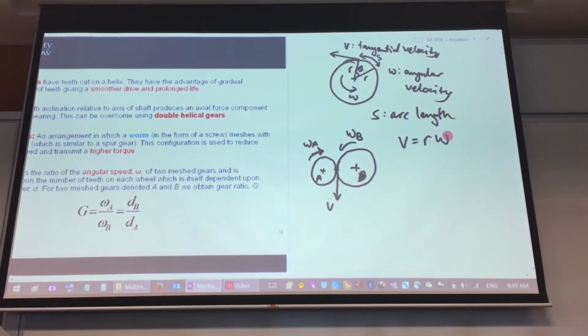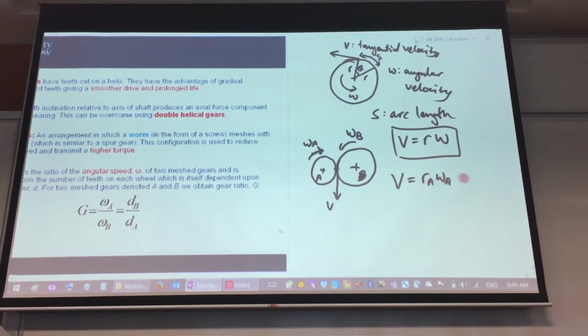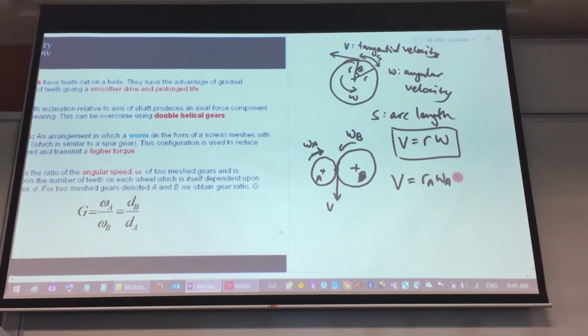It's physics. It's a formula for calculation of tangential velocity. So I'm going to make use of this. V is equal to R A omega A, and since they share the same tangential velocity, this must also be equal to R B omega B.